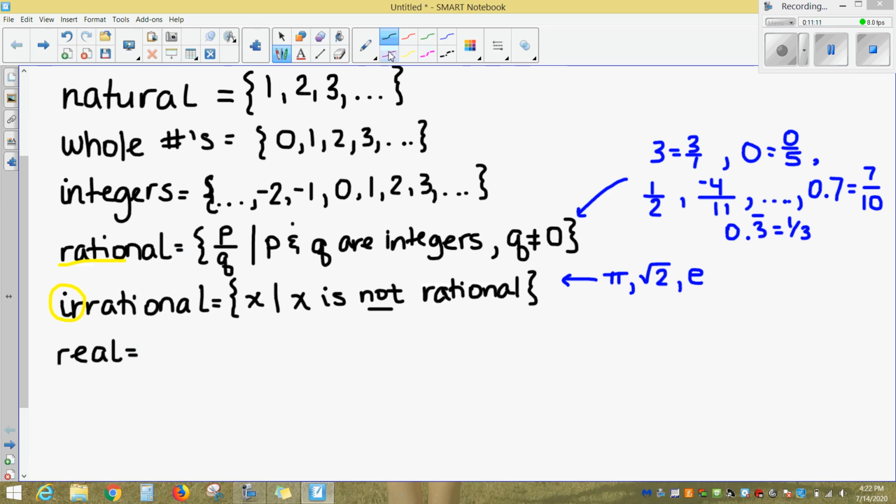If we take the set of all rational numbers, so any number that can be written as a fraction, and we dump it into one big pile with every number that cannot be written as a fraction, we make one big, huge set of numbers out of that. That's our set of real numbers. So we can say the set of all numbers x, or if you don't like the letter x, pick a different letter, so that x is either rational or irrational.